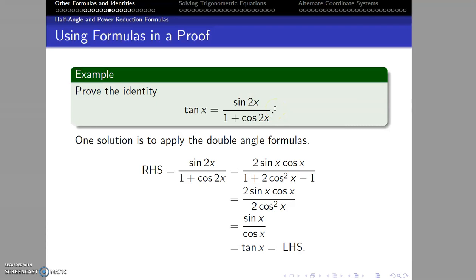Another option, I guess this would actually be the third, would be recognizing that 2x is double x, we could also say that x is half of 2x. We could try using a half angle formula on tangent here.